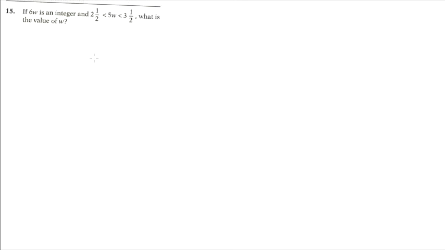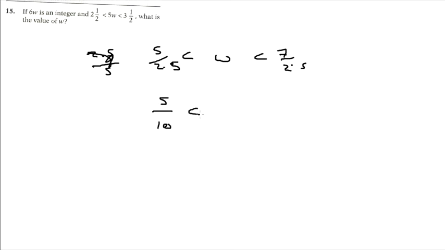Alright, well, let's say that we have 2.5 divided by 5, or let's say we have 5 halves less than, and here we have 2 times 3 is 6, 7 halves, 5w, so w here divided by 5. Okay, so we have 5 tenths and 7 tenths.